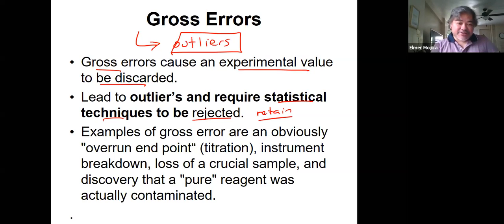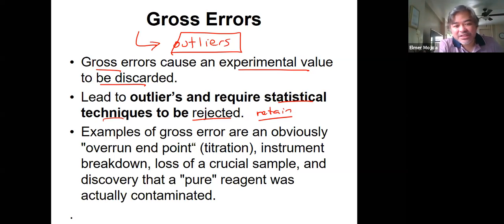Examples of gross error are an obviously overrun endpoint in a titration. If you remember your general chemistry, sometimes your phenolphthalein run is so dark. That is already an overrun endpoint. What's the ideal endpoint?